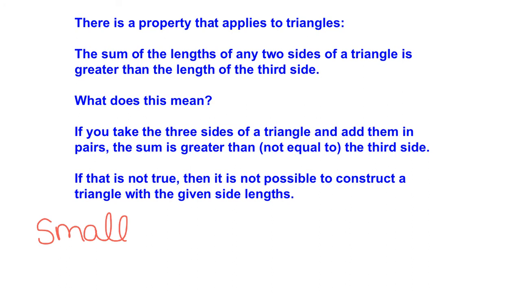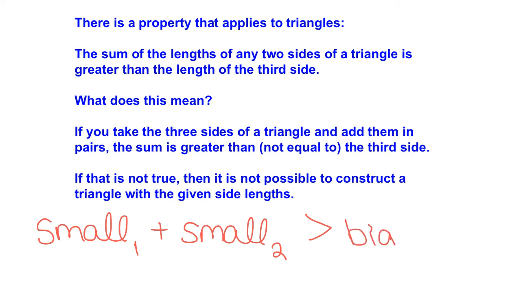So small side 1, and I want you to add it to the other small side, so small side 2. And in order to be a triangle, these 2 sides have to add up to be greater than the biggest side of that triangle. Sound easy enough? Because it is.